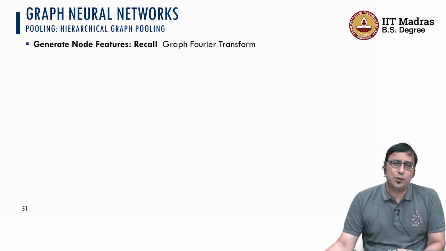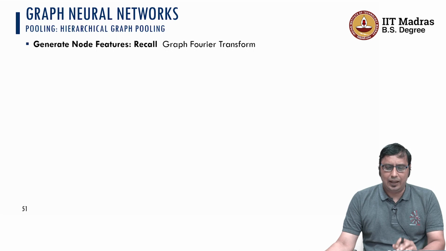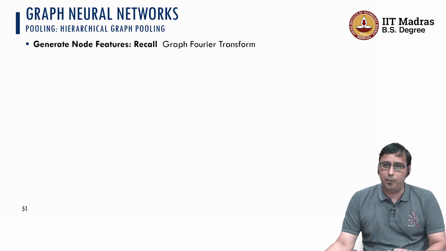Now we have to actually generate node features associated with this coarsened graph. For that, let's recall the graph Fourier transform, which we have used for graph filtering.